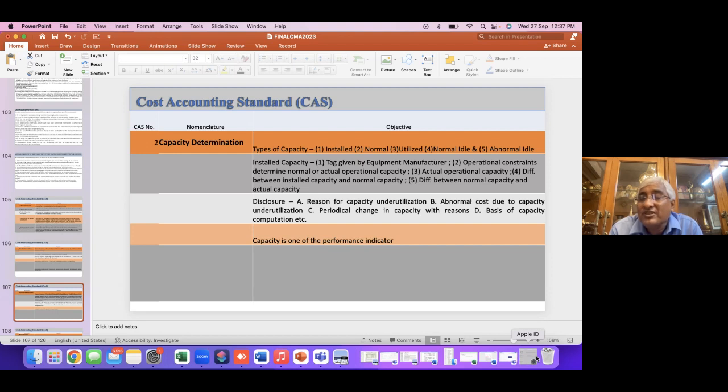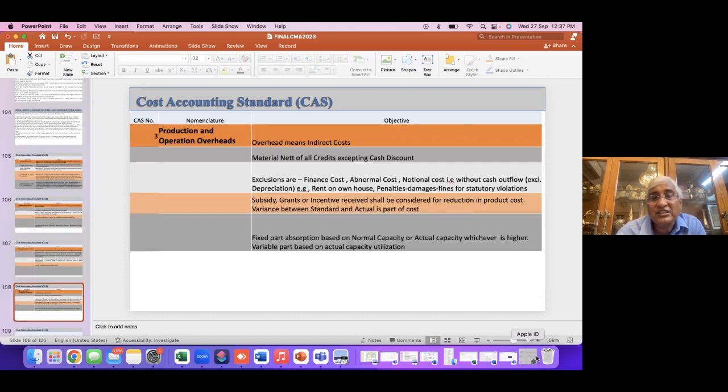This is again treated as a performance indicator. So why is the performance poor? Because the market demand is poor and the company is trying to adjust to the poor market demand through underutilization of its production capacity. Now again, overhead, production and operation overheads.